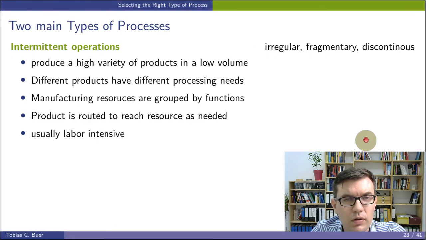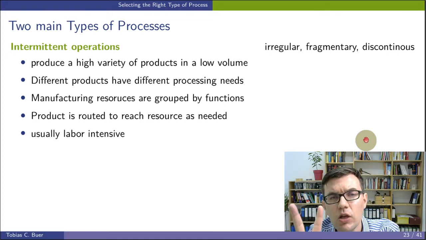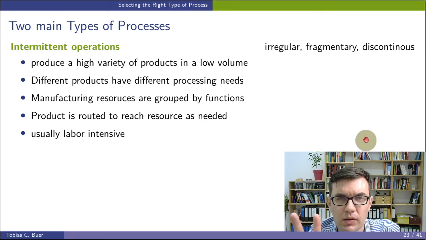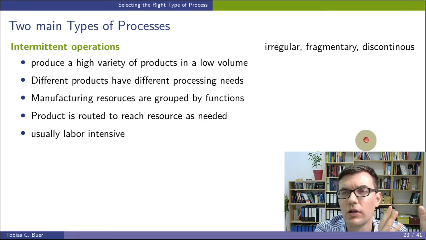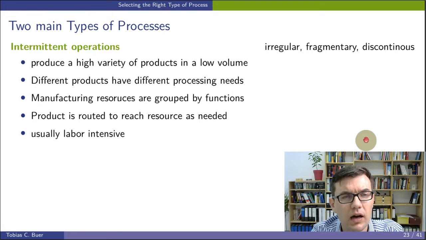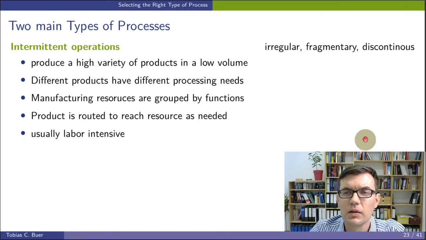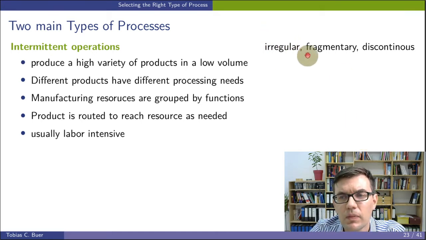If we want to sum up this discussion, we need to distinguish between two main types of production processes. They are on different ends of the continuum. The first one are intermittent operations. Intermittent means irregular, fragmentary, or discontinuous.